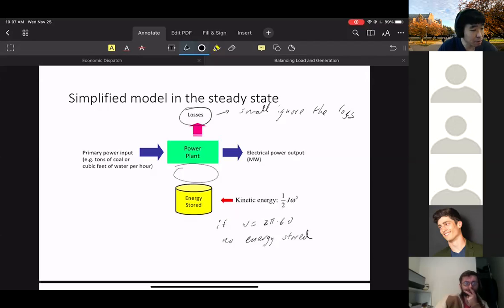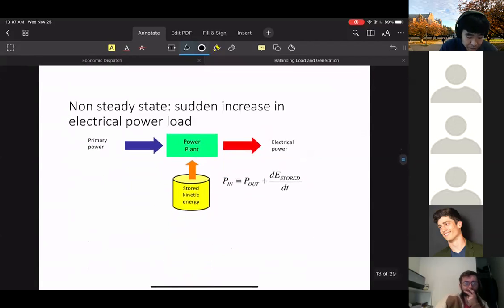So let's look at an operation that's not at steady state. What happens, for example, when the load suddenly increases? When the load increases, the electric power output has to increase.